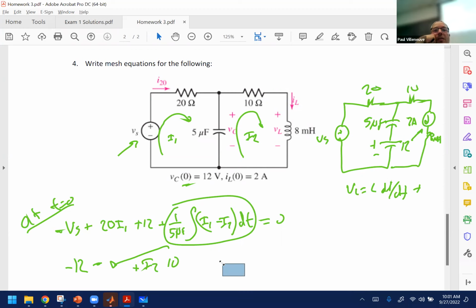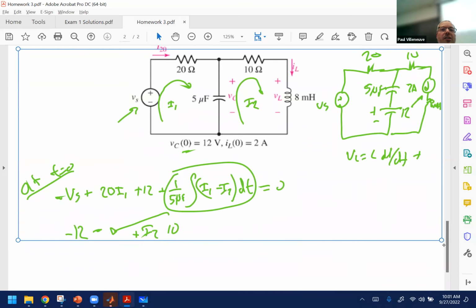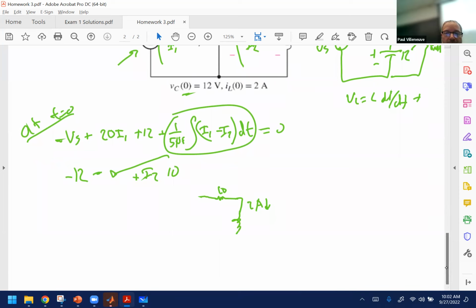Well, what I would do is, what is the voltage across this element? I'm running out of space here. The easier way, I think, to tackle this problem is we know that this is 10. We know that this is 2 amps flowing through, and I'm just going to draw it this way. This is 8 millihenry. So we know that this is going to be plus to minus 20 volts initially.